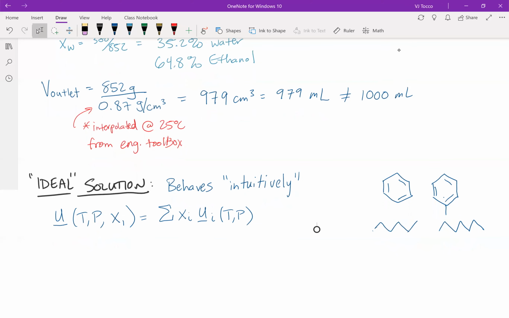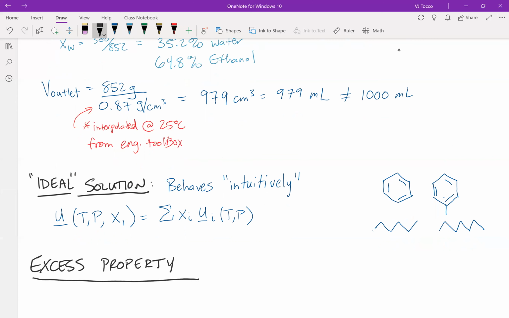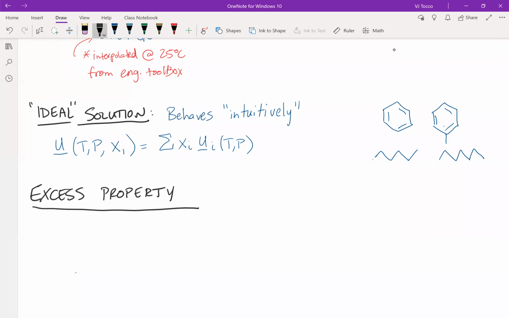All right, so an excess property, in contrast, is the difference between that property and the ideal solution. So for an excess property, we'll call it U excess, is equal to U of the mixture minus U of the ideal case.